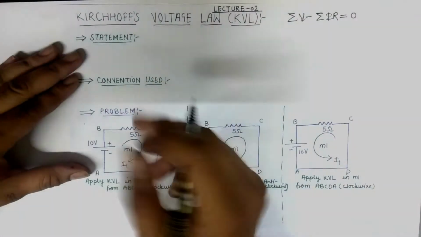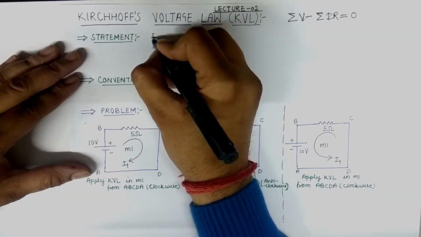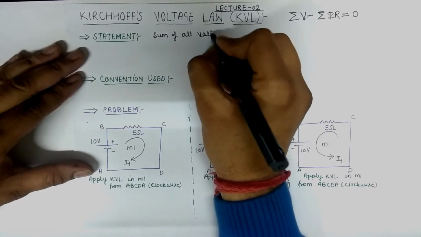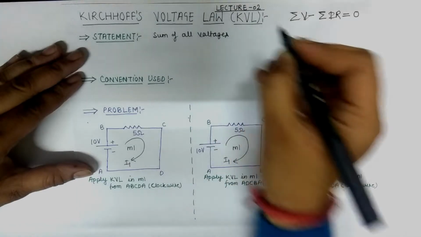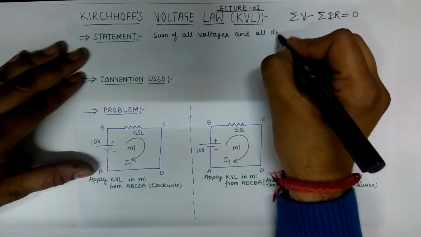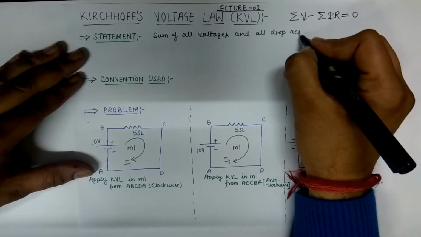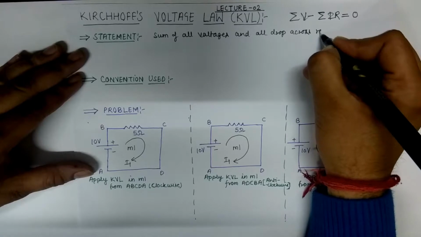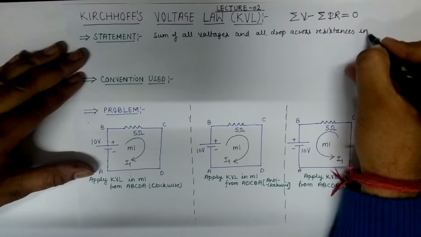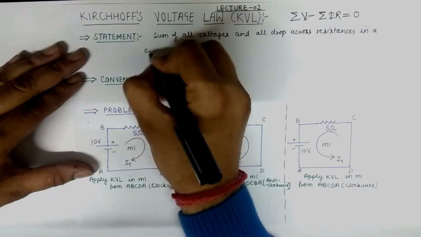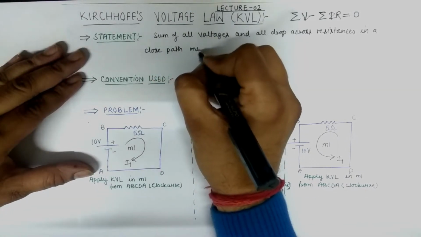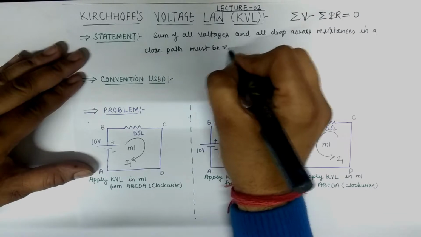So we write here: sum of all voltages and all drops across resistances in a closed path must be 0.